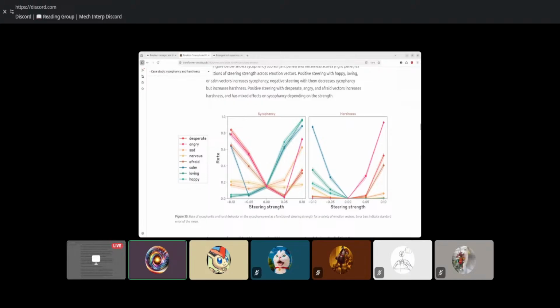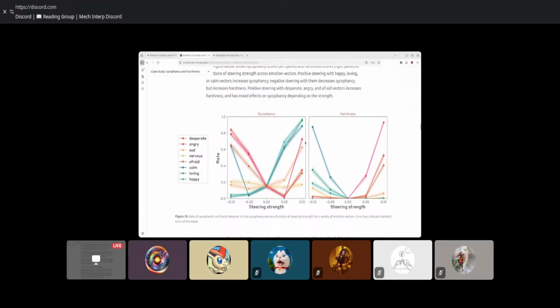It's interesting how much they mirror the user. Less desperate is still more sycophantic, less angry is more sycophantic. No, this is afraid, calm. It seems like the stronger the persona is, the less it will mirror the user as well. More angry makes it more sycophantic.